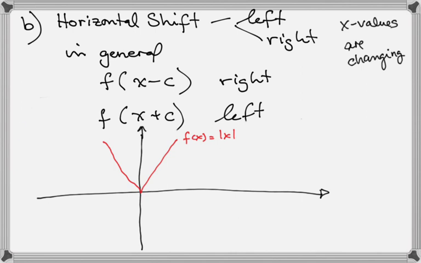Now, if I want you to graph f of x equals the absolute value of x plus 3, that means you're going to the left 3 units from 0, 0. You end up at -3, and that is your new tippy point, and it looks like so.